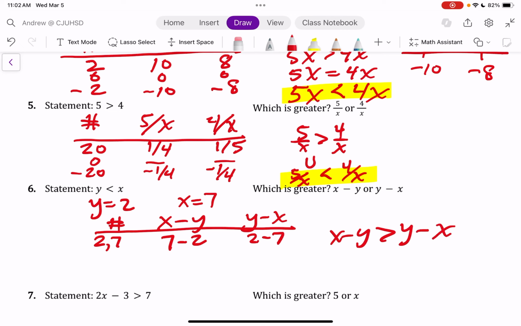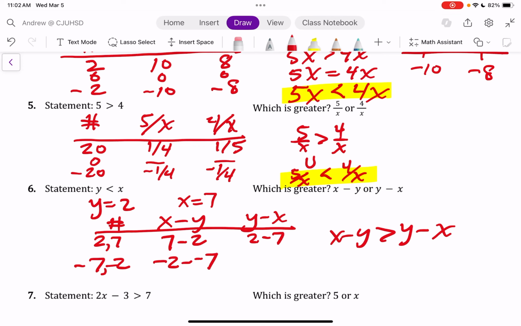Now, what if I switch them to negative numbers? Negative 2 for y. No, couldn't do it that way. I still have to make y smaller than x. So what if y was negative 7 and x was negative 2? So now x minus y would be negative 2 minus negative 7.